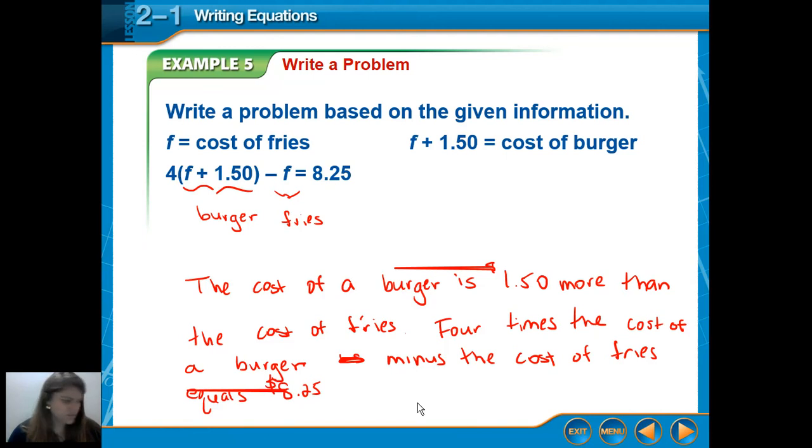Sorry about that extra line. Okay, and then the question you would be asking for this problem, this is all the information that we have kind of written in a paragraph. The question that could be asked is, how much do fries cost?